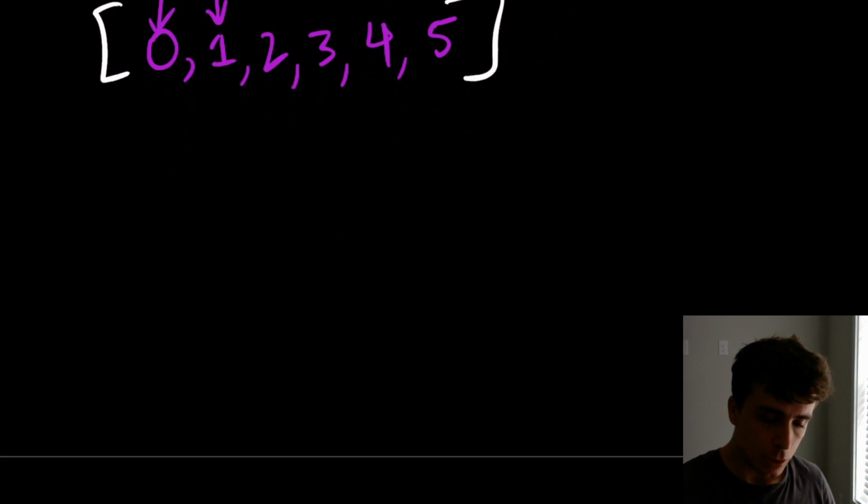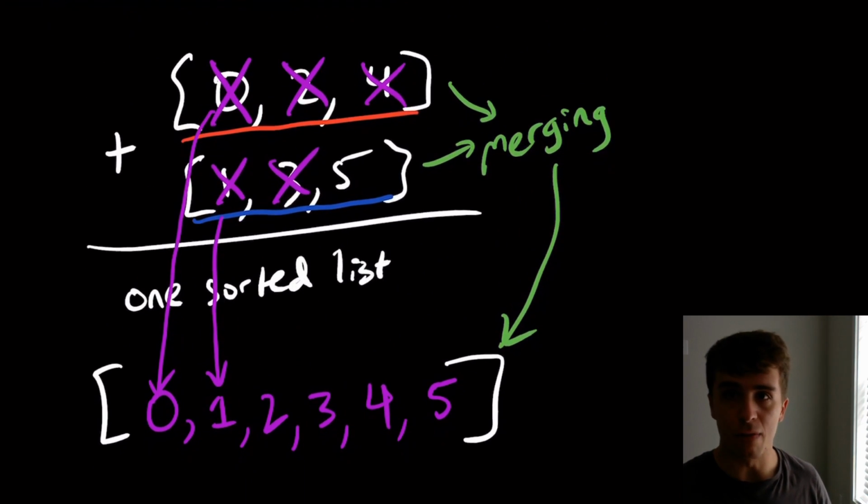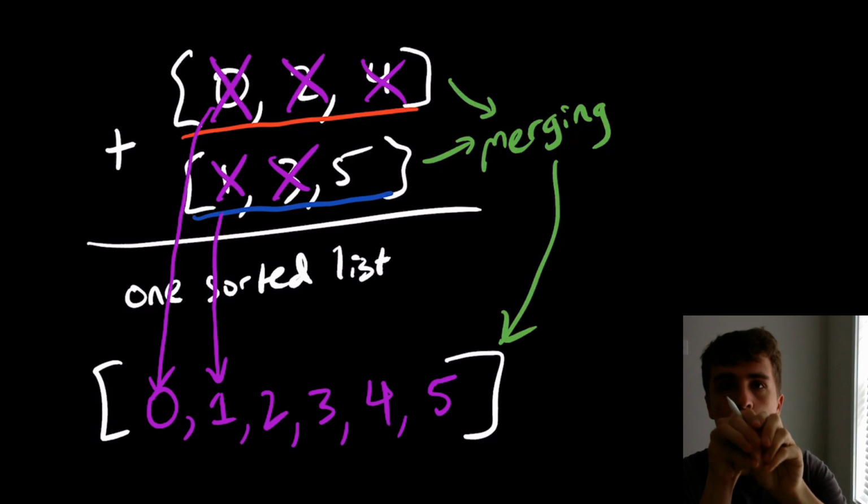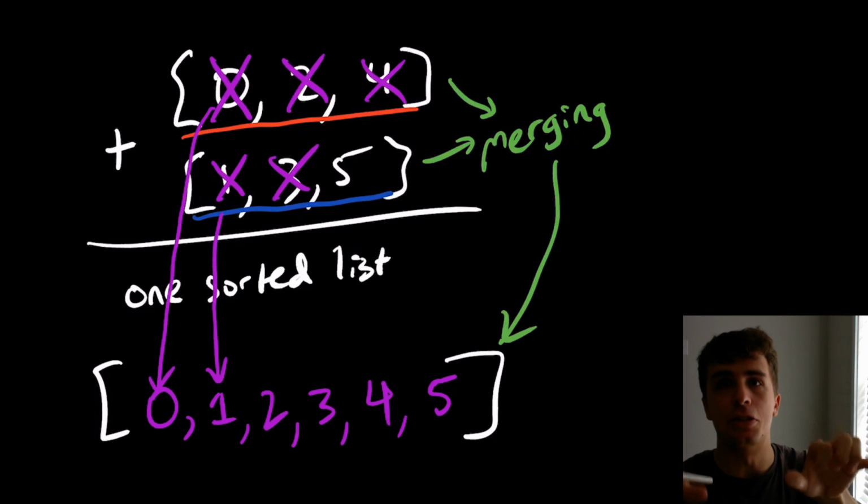Cool. So then how do we actually use this idea of breaking up the list into smaller pieces and then merging the pieces back together, assuming that each of the original pieces is sorted?